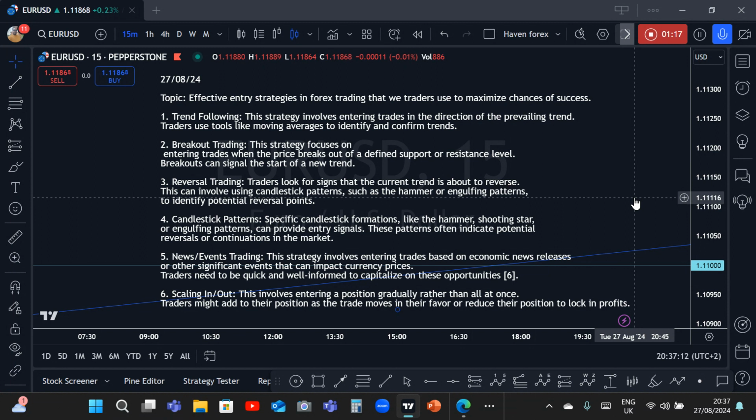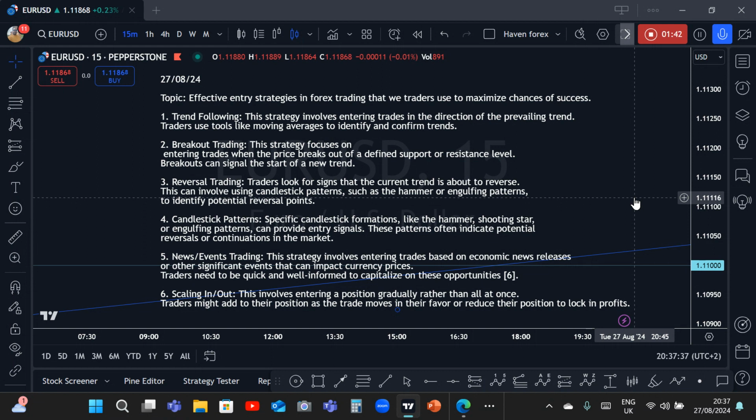Today is 27th of August 2024. These are effective entry strategies in forex trading that we traders use to maximize our chances of success.